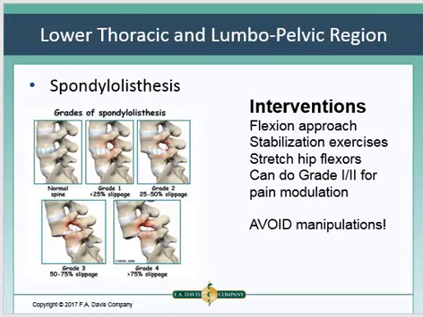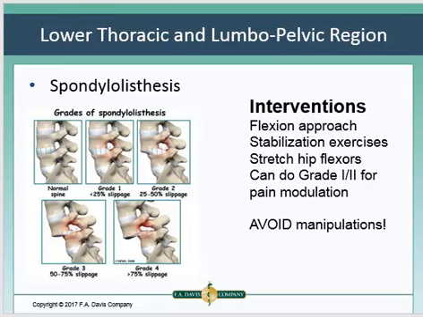Most of these patients do better with a flexion-based approach. Okay, if you extend their vertebrae, you're going to cause more instability. Don't forget to work on both segmental and global stabilizers of the spine. Stretch out their hip flexors, their iliopsoas, maybe pulling those vertebrae even more anteriorly.